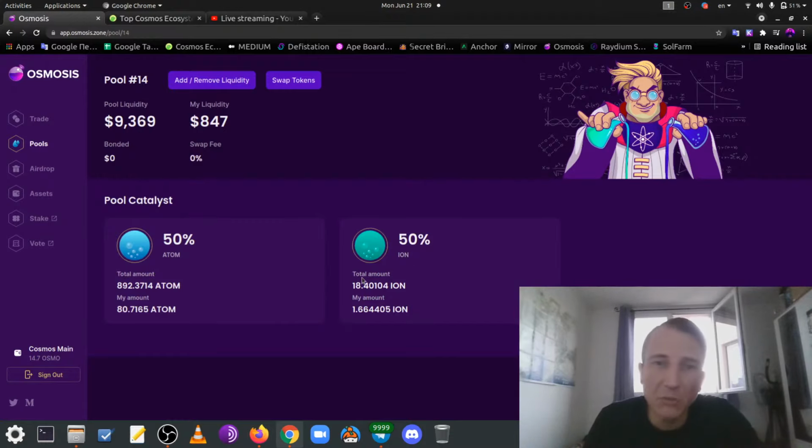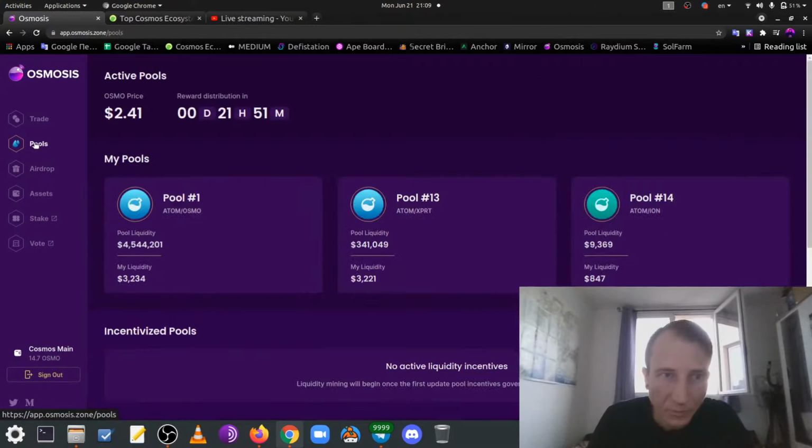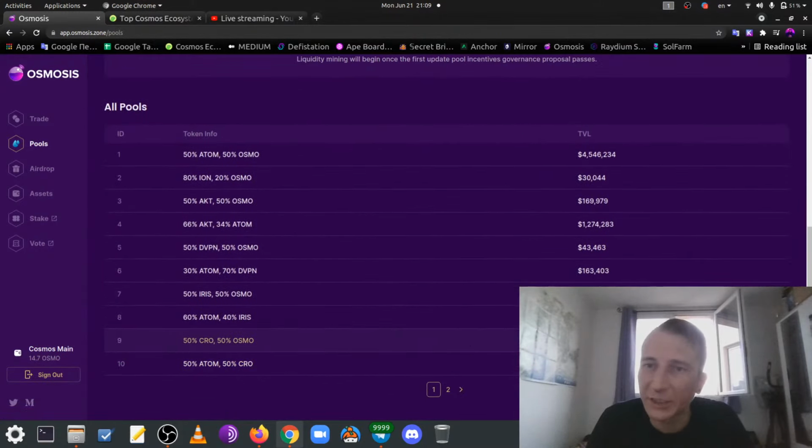So I will get a little bit less ions because I changed the proportions too much. And this is the problem of the small pools. You will never find it in such pools like 4 millions, 1 and 2 millions, I can tell that.